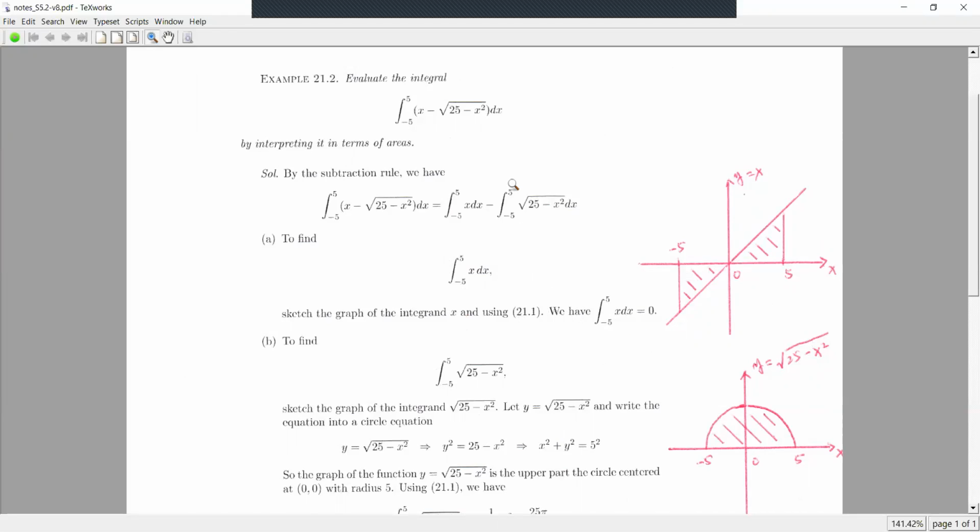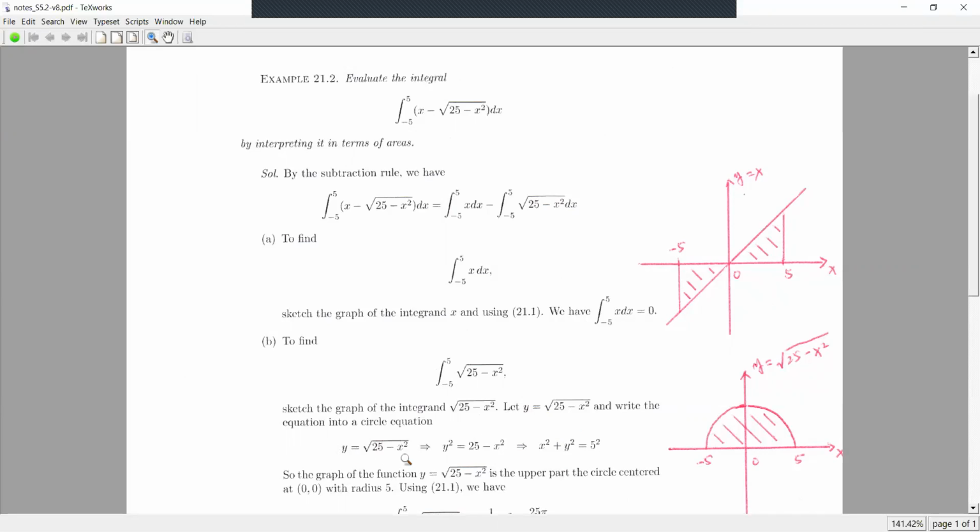Now, to find the second integral, we need to plot the graph of this function. The graph of this function is a semicircle. How to see that the graph of the function is a semicircle? Let y be the function. Now, let me transform this equation into a circle equation.